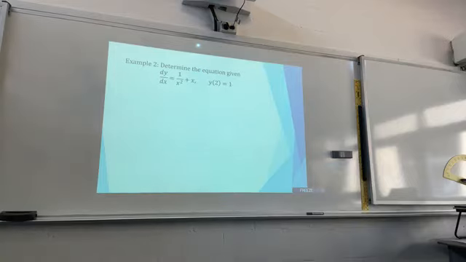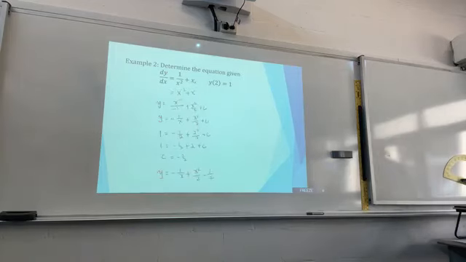Alright, revealing my answer. I've got c as minus half. So therefore y equals minus 1 over x plus x squared over 2 minus half. So for the second example, you know how to determine the equation of y.